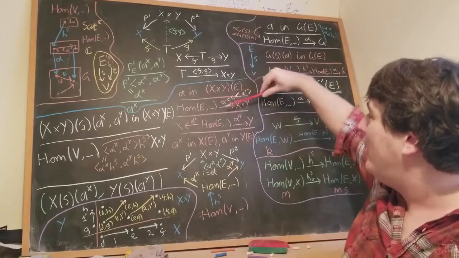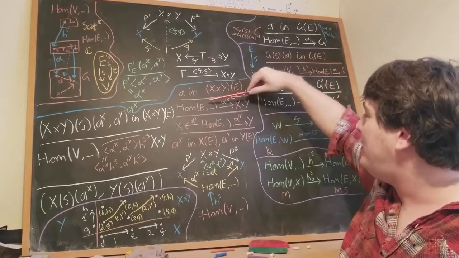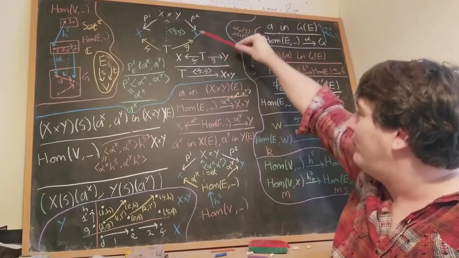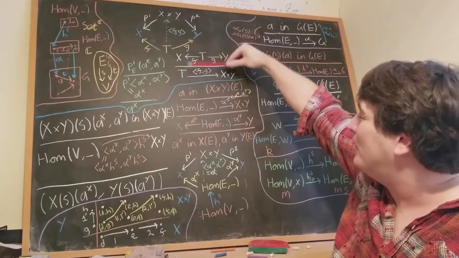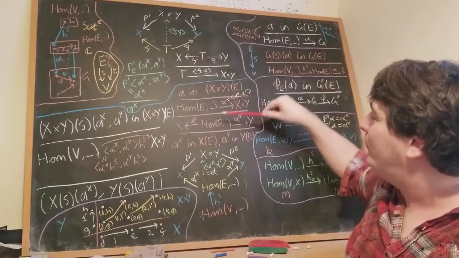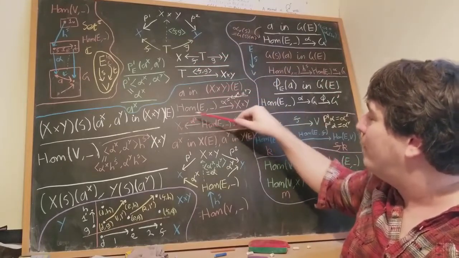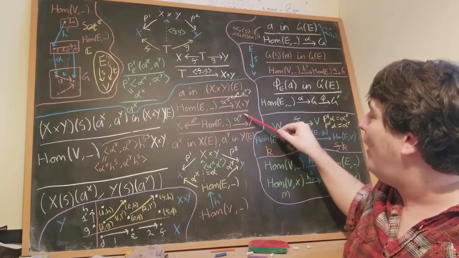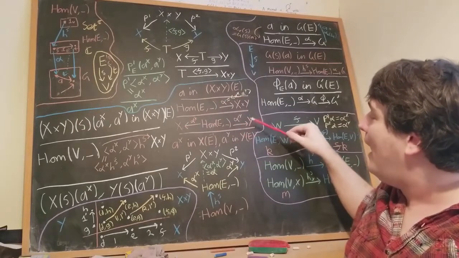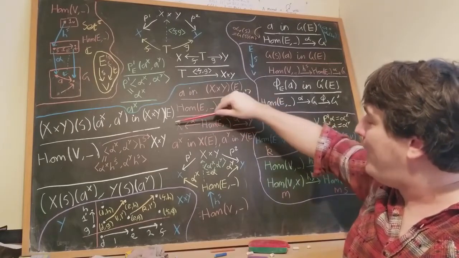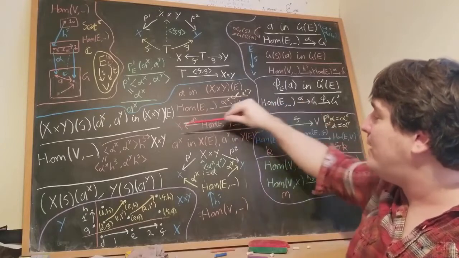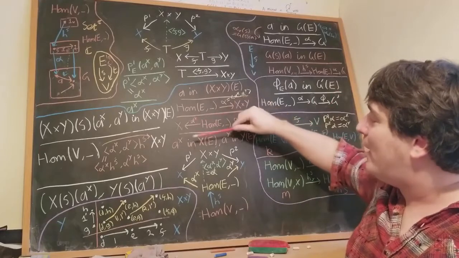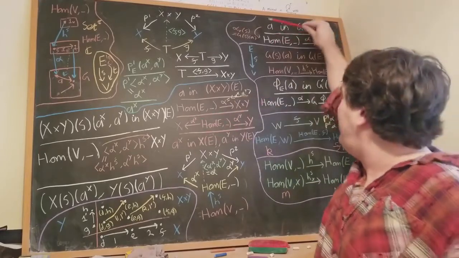We have this arrow alpha from Hom(E, -) to X times Y, and using the categorical product isomorphism, we see that this corresponds to an arrow alpha^X from Hom(E, -) to X and an arrow alpha^Y from Hom(E, -) to Y. So we have a pair of arrows represented in this line, and then all we do is apply the Yoneda isomorphism again. We go this way.